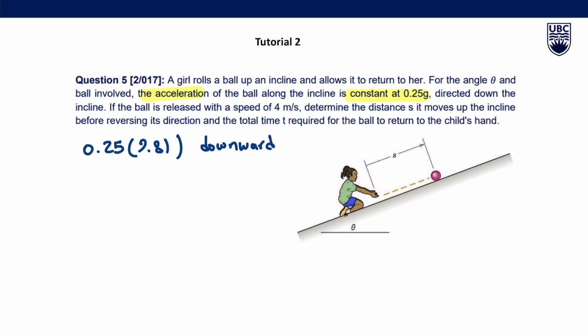To find the distance it travels before stopping, we use one of those kinematic equations. Since we have nothing about time, we can use this equation, v squared equals v naught squared plus 2a times displacement. We have the initial velocity here.